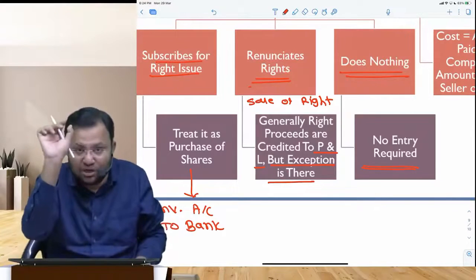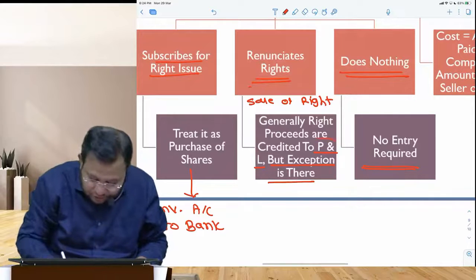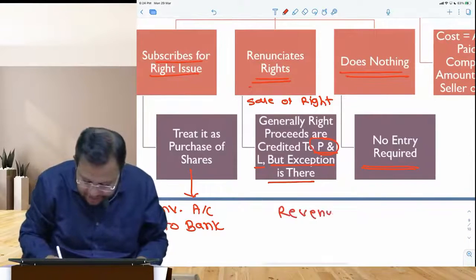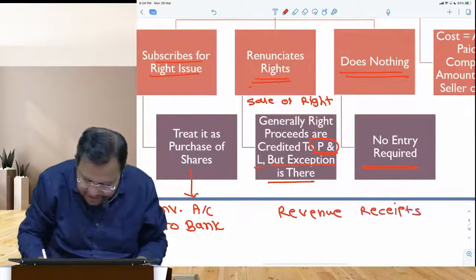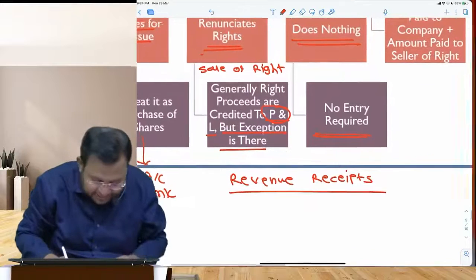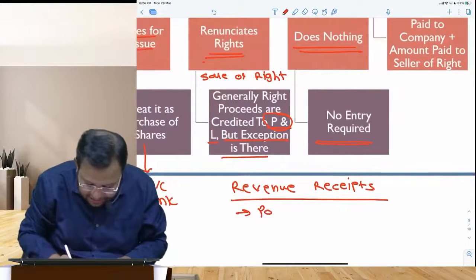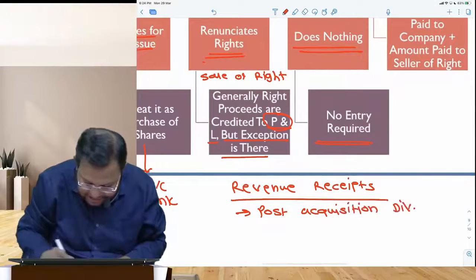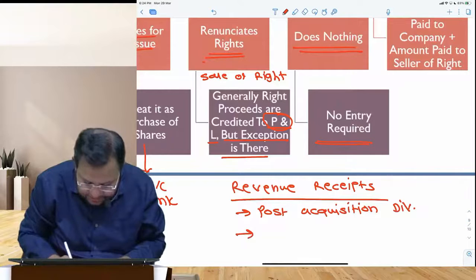Or if you write only a dividend column, these proceeds go to profit and loss account. So what are your revenue receipts? Revenue receipts are post-acquisition dividend, and revenue receipts include sale of right.